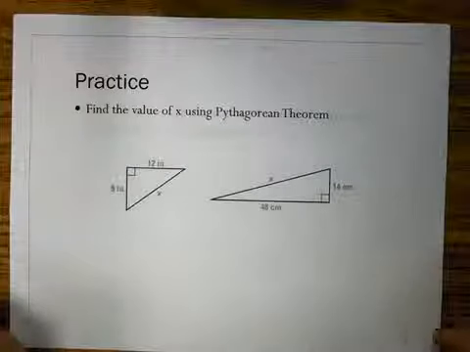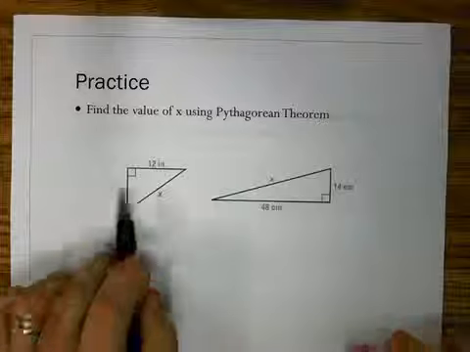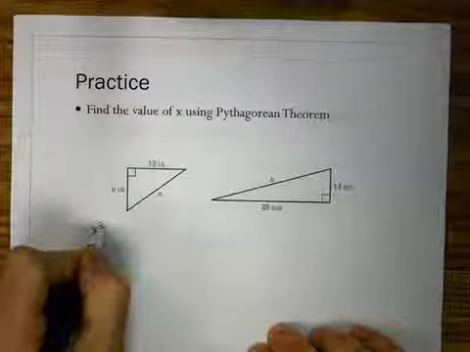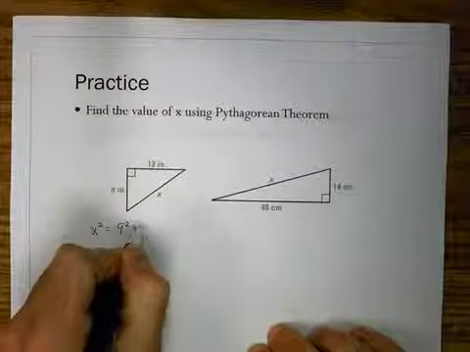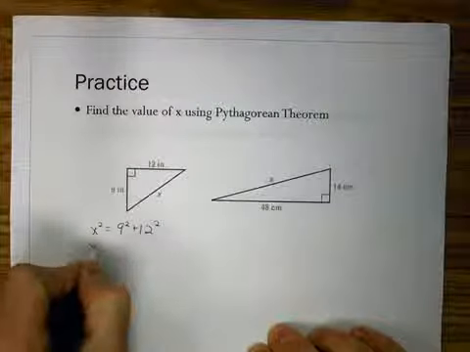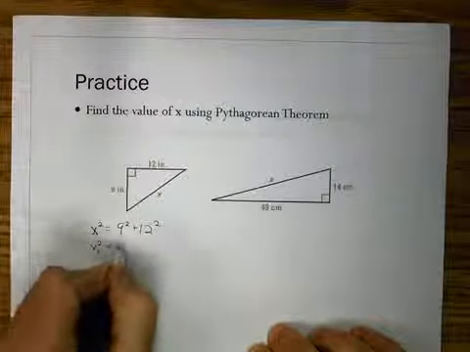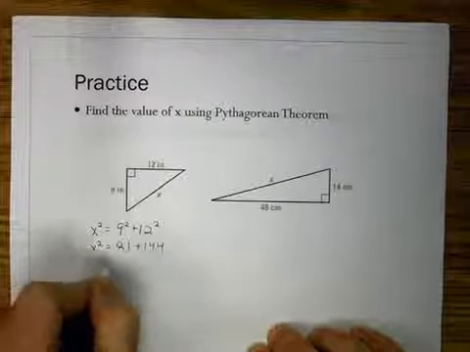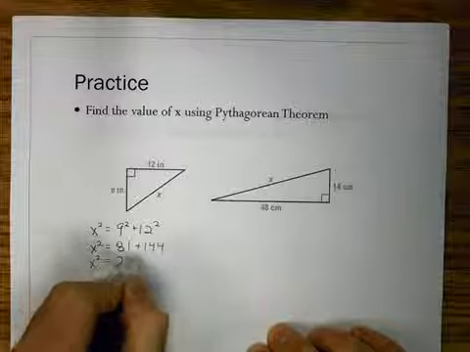Still looking for x. So in our first one, I have 9 and 12. That's my hypotenuse that I'm searching for. So that's x squared equals 9 squared plus 12 squared. I get x squared equals 81 plus 144. Combine those, I get x squared equals 225.